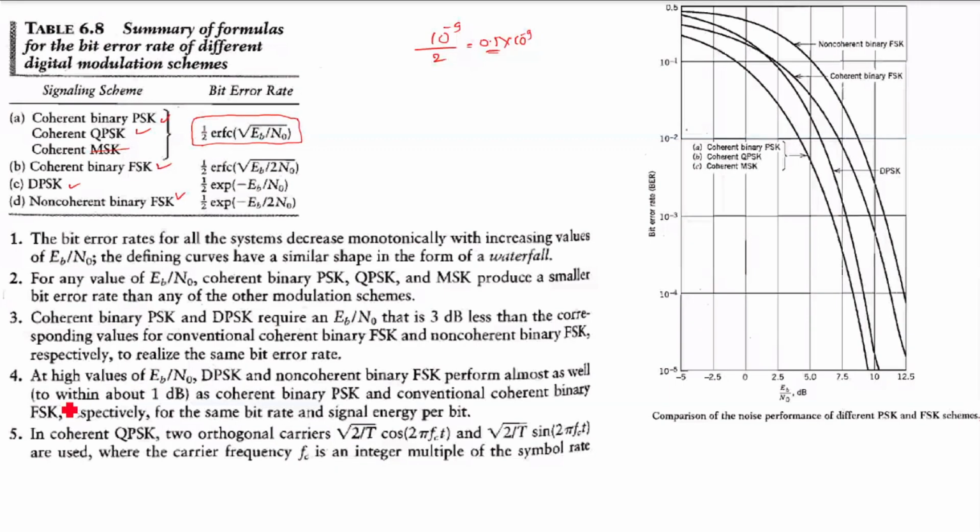These are the many points. You can just make a note of it. These are there in the book. You can just go through and read. Any doubts so far in the modulation schemes we discussed?